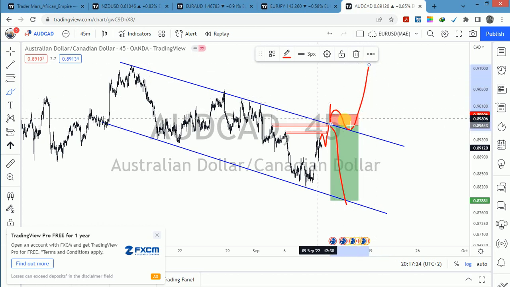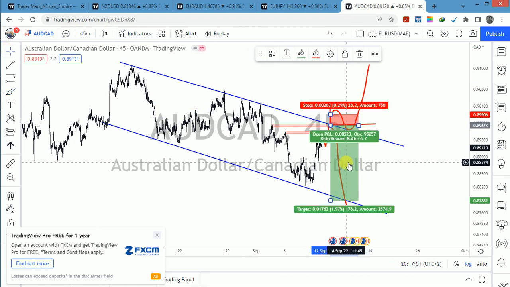If we hit a stop loss, that's fine. Then we look for buy entries, and we'll be doubling our lot size to also recover the money that we lost on that, and then we go up with that trade. So AUDCAD, we are hoping to get around 170 pips, right?